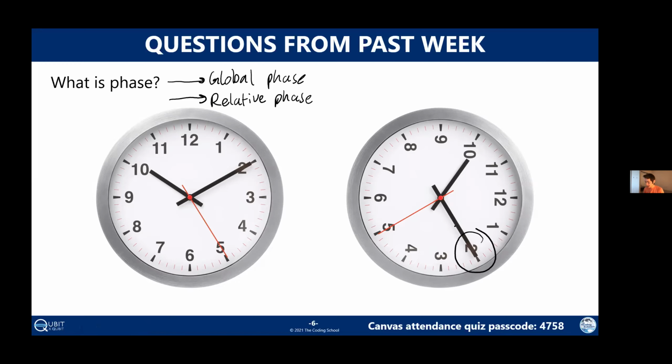So the minute hand is still over the 2. But if I use the other description, where I said it was pointing to the top right, now the minute hand is pointing toward the bottom right. So that description changes.